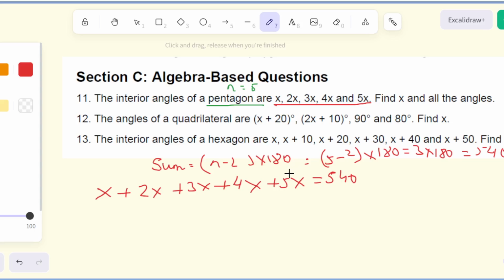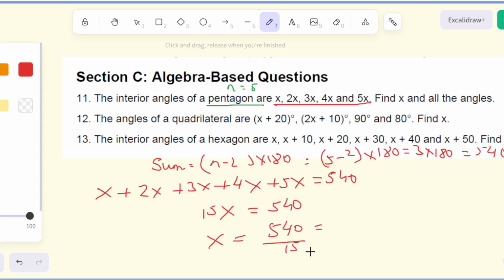Now I'm adding each angle that they have given us: x, 2x, 3x, 4x, 5x. They all add up to 540. So x plus 2x is 3, plus 3 is 6, plus 4 is 10, plus 5 is 15x. So 15x equal to 540, right? Now take 15 to the other side and it will get divided.